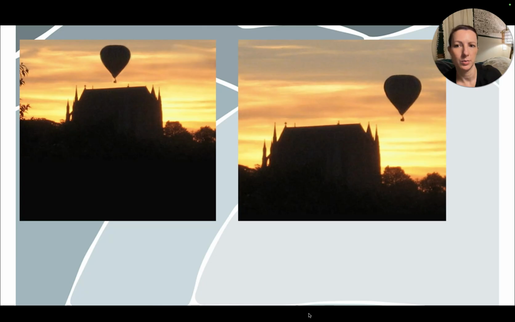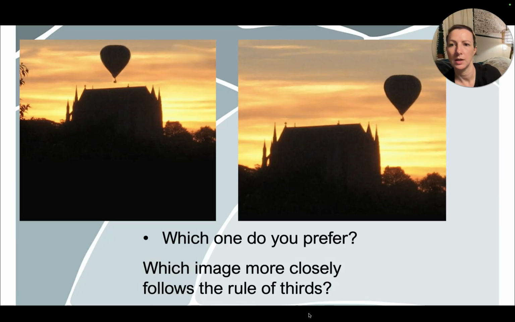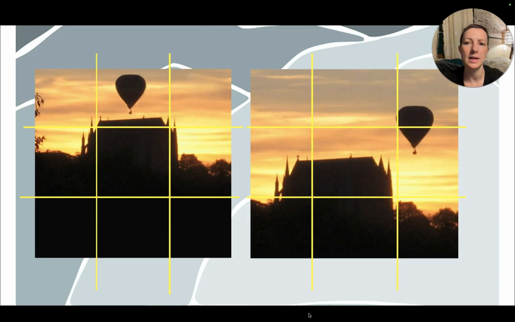So another example. If you're looking at the two of these, which one do you prefer? Same subject, different composition. And second, which one more closely follows the rule of thirds? The one on the left does not follow the rule of thirds.